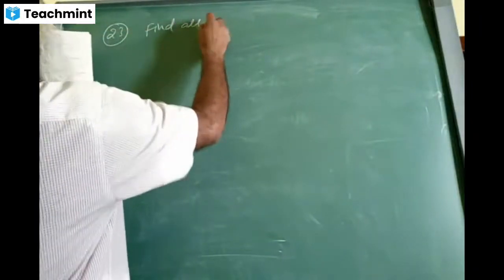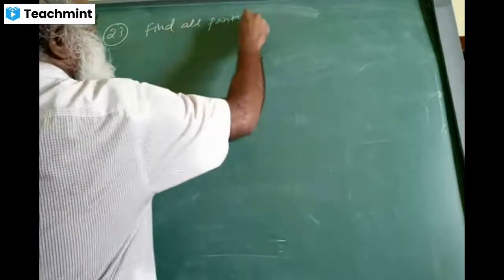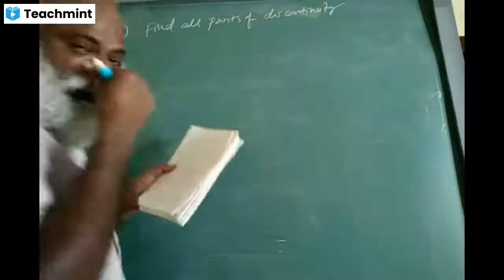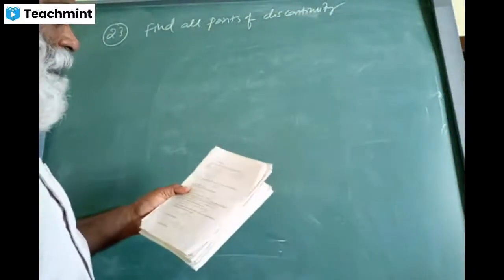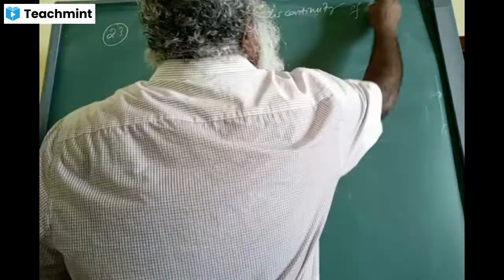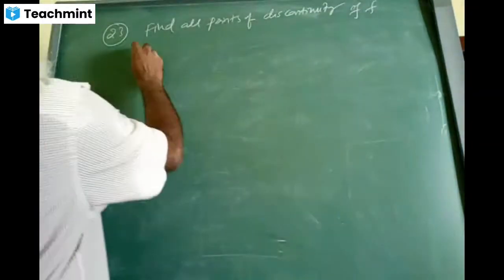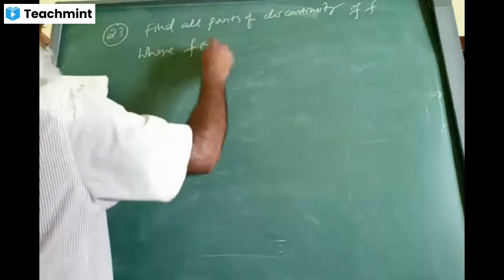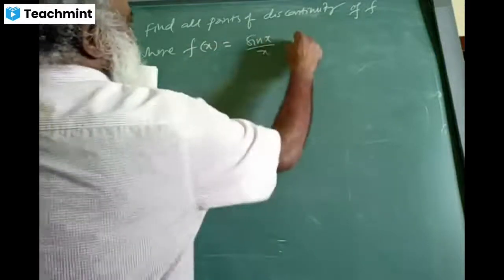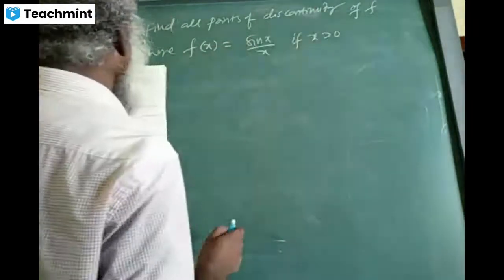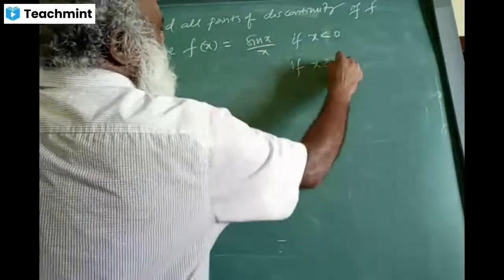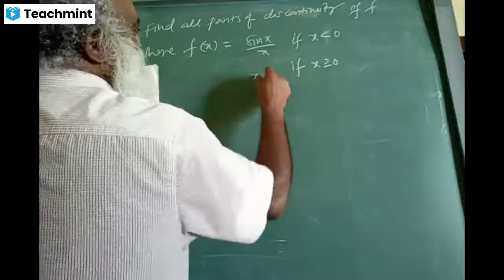Find all points of discontinuity of f where f of x is sin x by x if x is less than 0, and if x is more than or equal to 0, it is x plus 1.